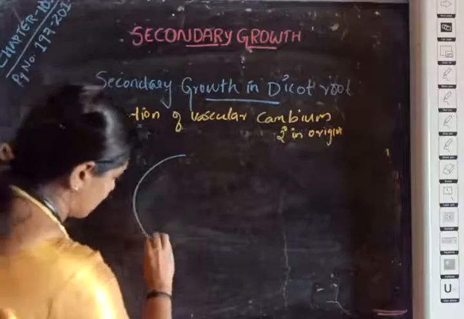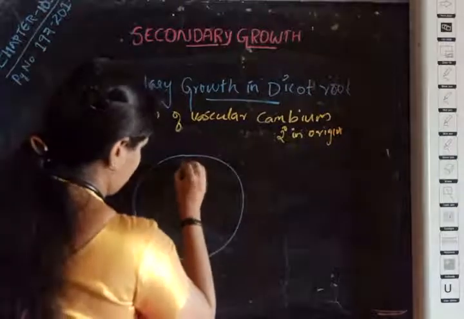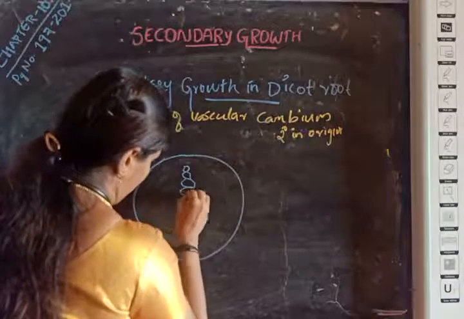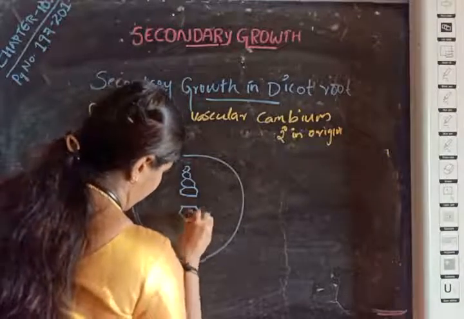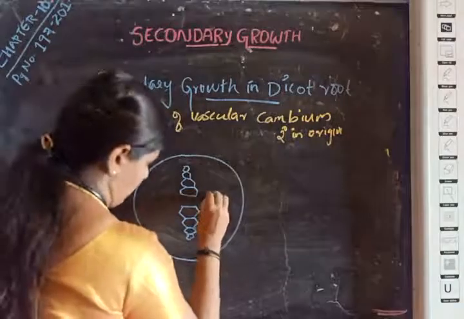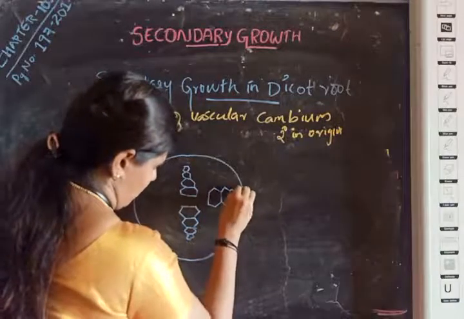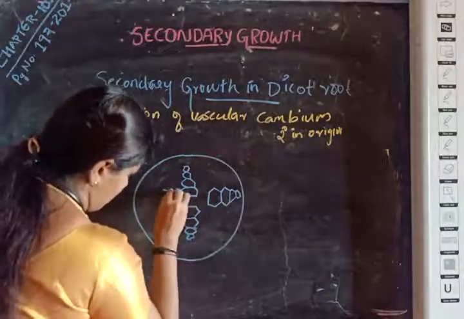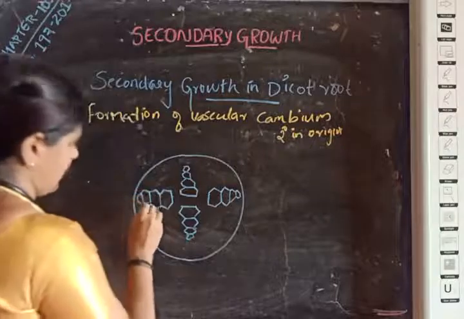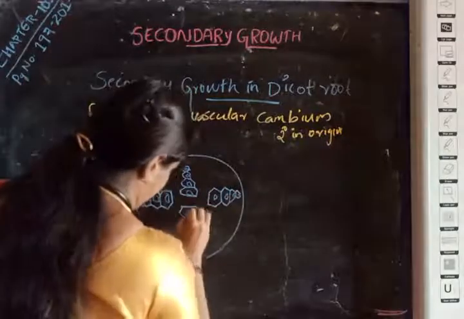So if we consider this is a vascular area, okay, these are the xylem bundles, which are arranged radially.